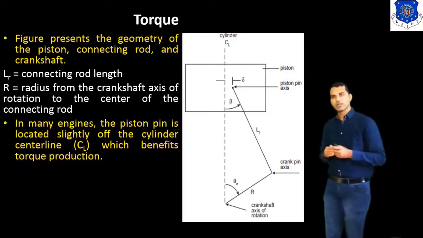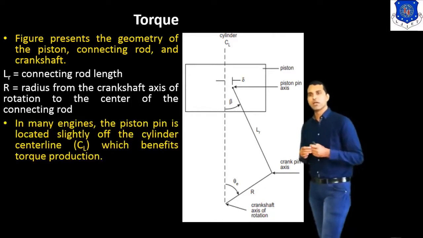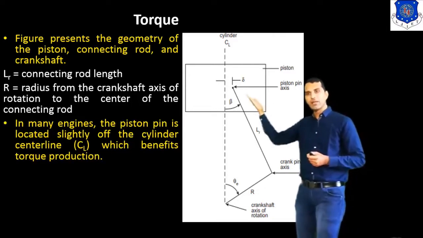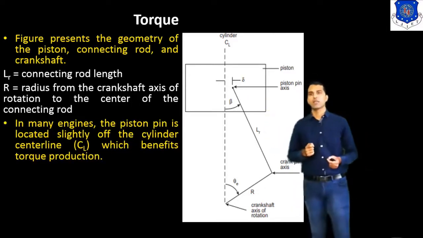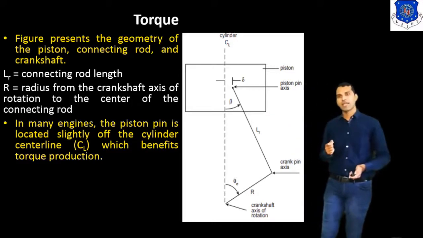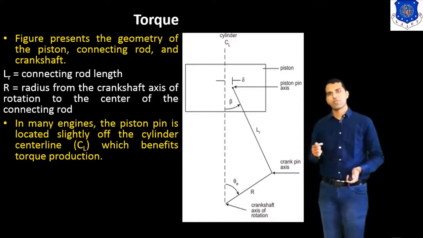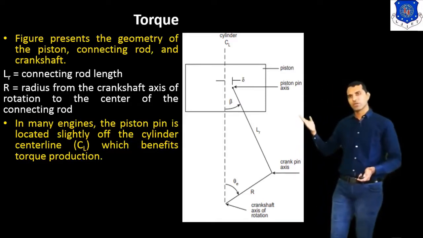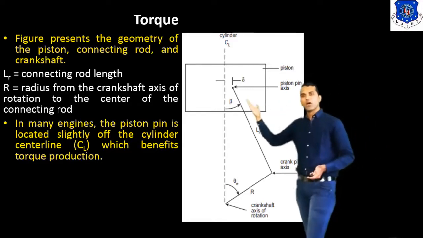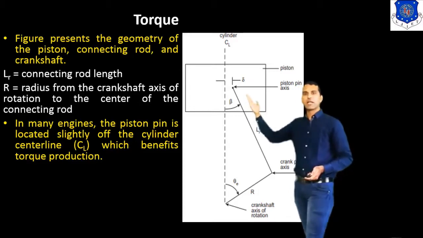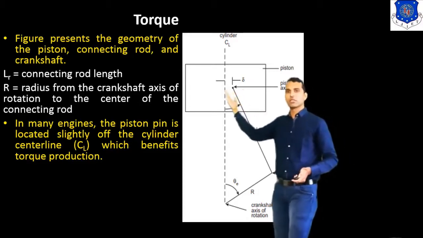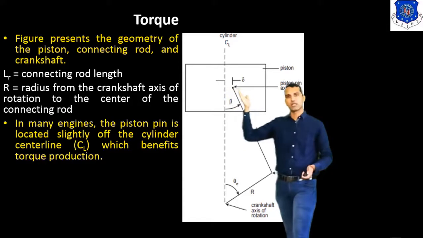In many engines, the piston pin is located slightly off the cylinder center line CL, which benefits torque production. So in many engines, this piston pin is not connected at the center of the axis, but is connected slightly off center.